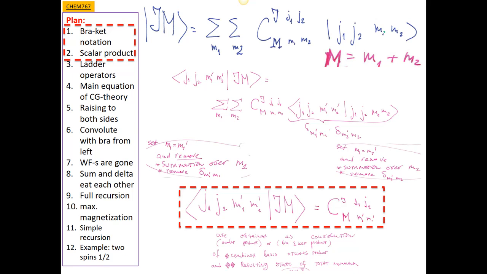Different coefficients with different distributions of the magnetic quantum numbers are related to each other. So the main idea of what we are doing is that if we are on an uninhabited island, if you do not have this table and we do not have internet, how can we get values of these coefficients?